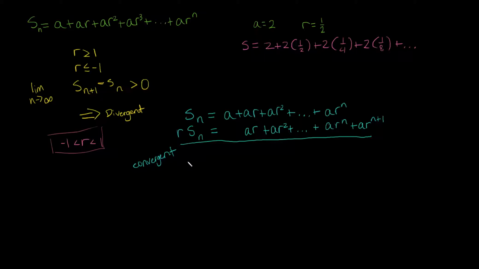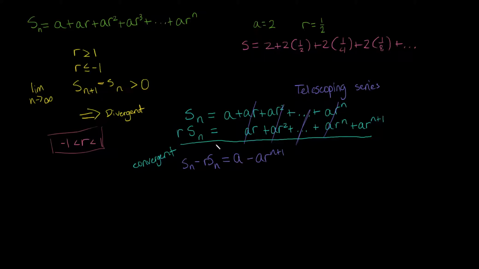We get Sn minus r times Sn equals a, but then ar cancels out, ar squared cancels out, all of these terms cancel out, except for minus ar to the n plus 1. This is called a telescoping series, where you can break it down into the first and last terms.